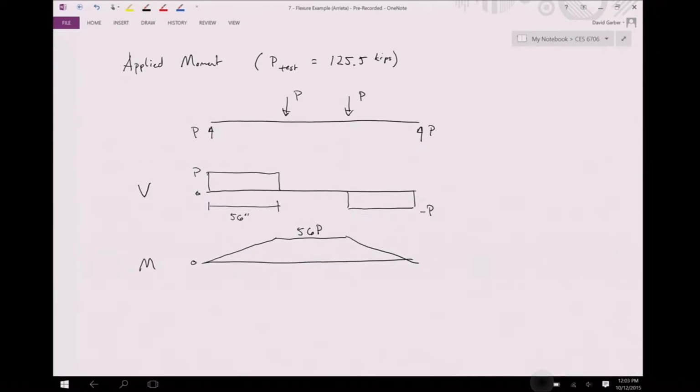So then we can find our Mu, and this was just 56 times 125.5, which will be around 7,000.